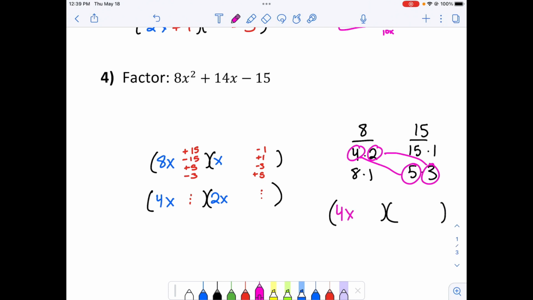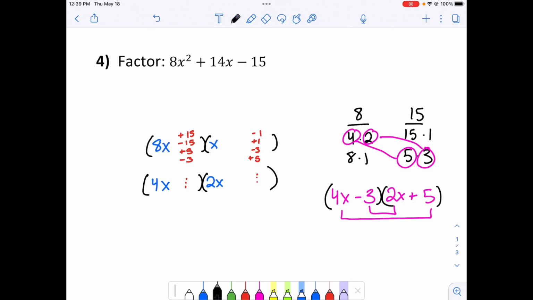So we'd have a 4x and a 2x. Then we say, okay, well, what is paired with the 4? The 5 is paired with the 4. The 3 is paired with the 2. I know that I want a positive 14, so I know that my sum is going to have to be 14, so I want my positive to be the product 20. So I'm going to try what I just did.